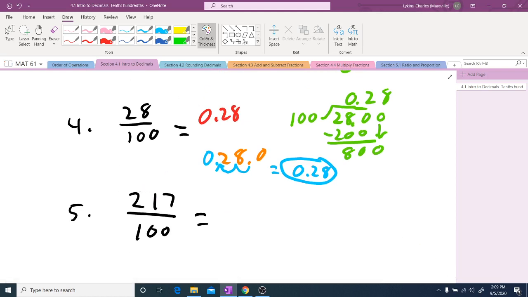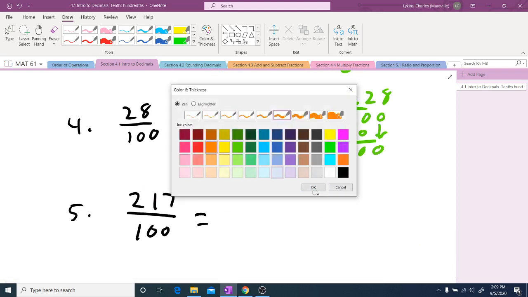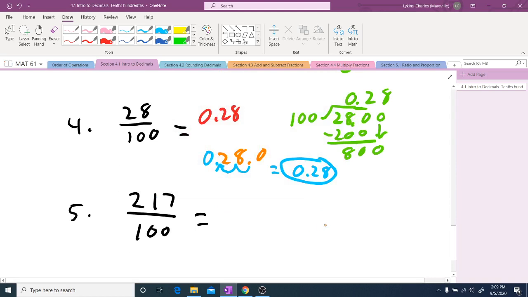Same thing with this one. We could just go ahead and say 100 goes into 217. Okay, right off the bat, that would be 2 times, which is 200. Subtract it, you get 17. It does not go into that, so we put our decimal there and a 0. Bring it down. 100 goes into 170 1 time.